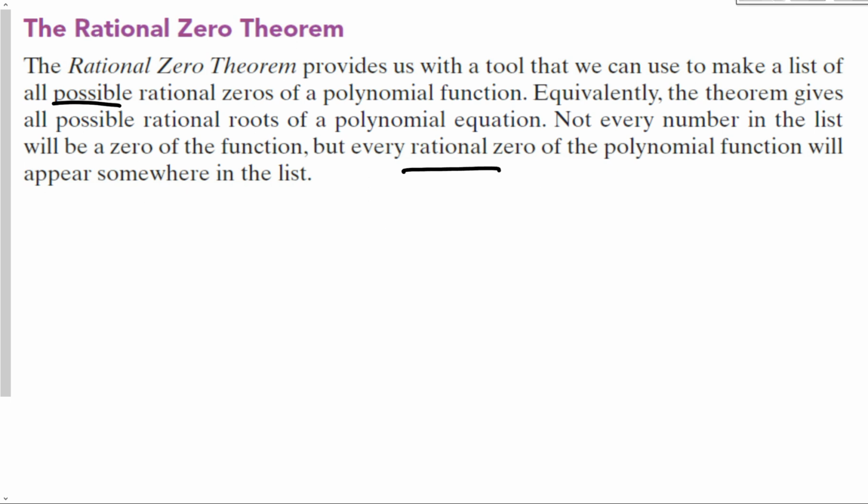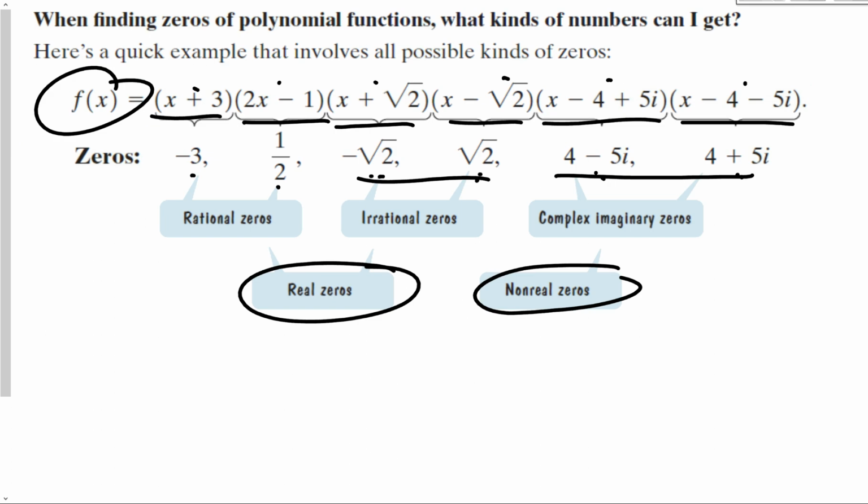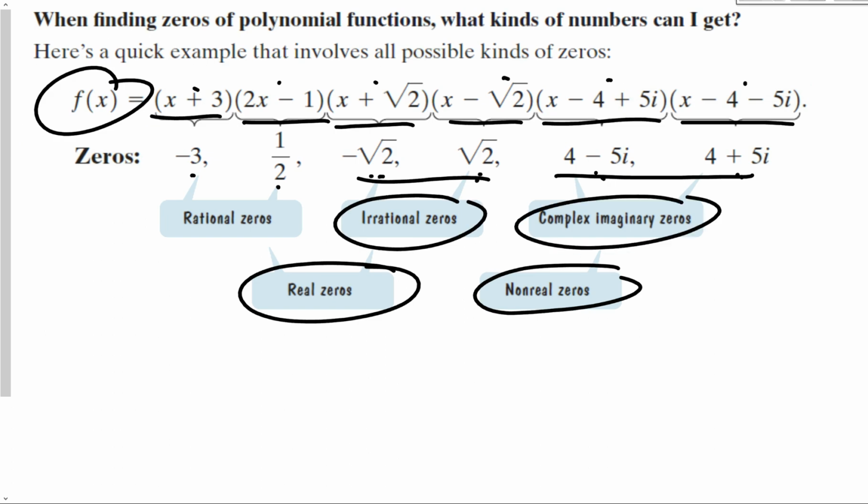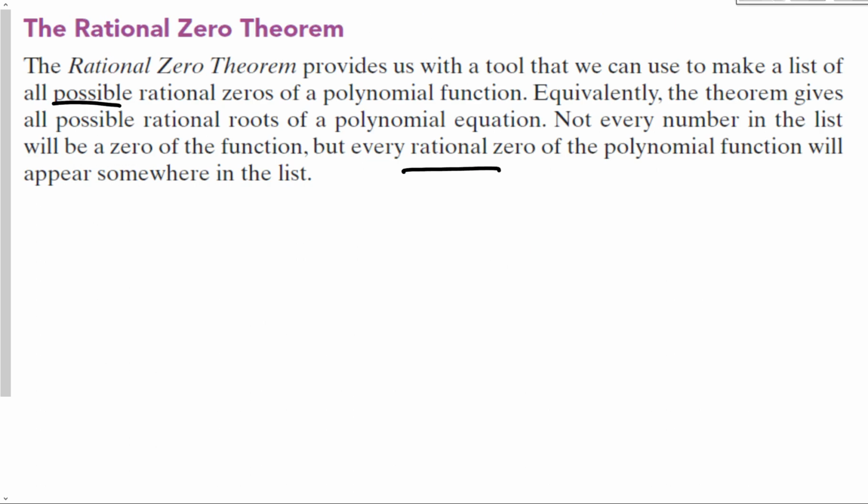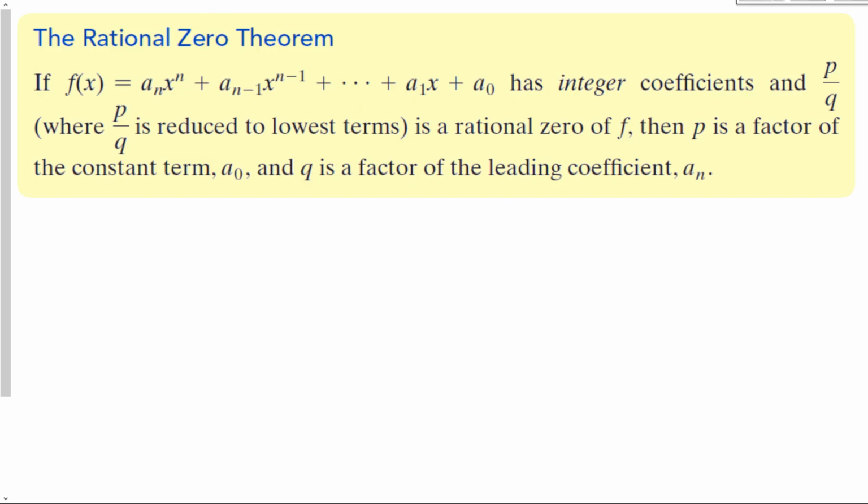So polynomials can have other types of zeros, right? We can have irrational zeros and imaginary zeros, but if we focus on the rational zeros first, this will give us a good path to find all the zeros, and we'll see how that works a little bit later. But first, the rational zero theorem works pretty simply. It works like this.